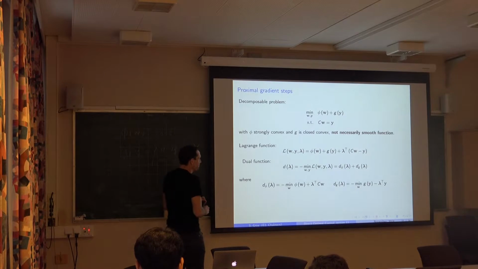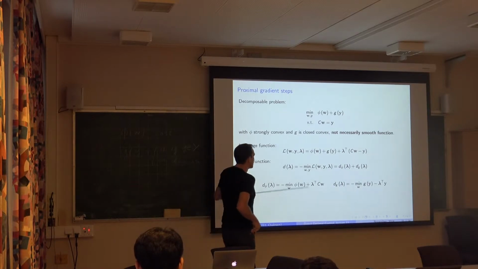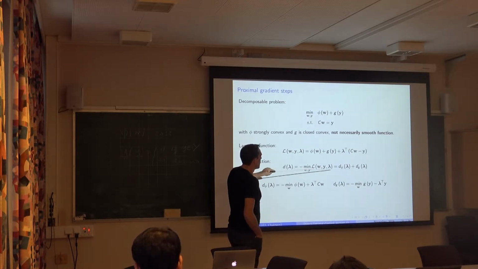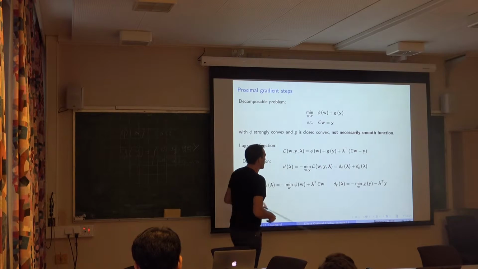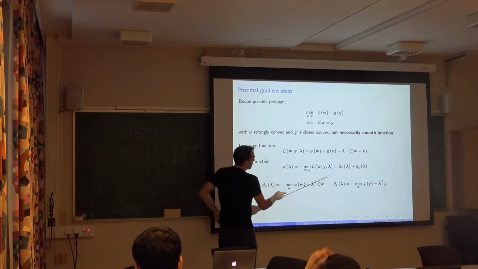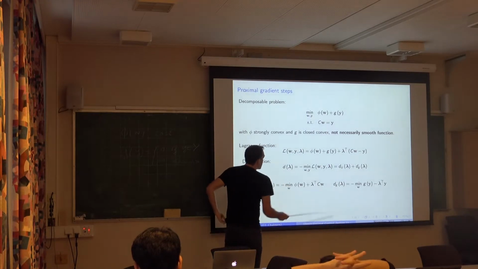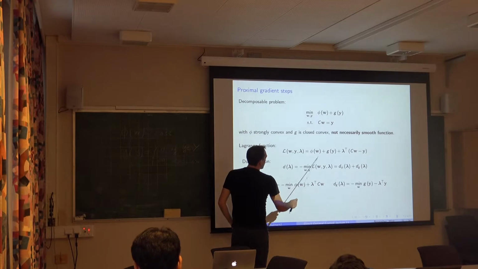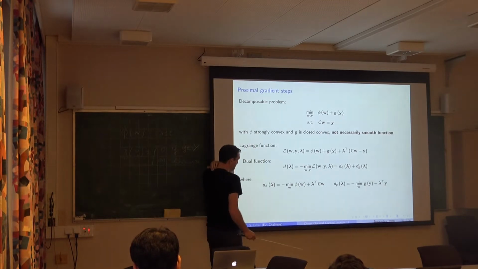Dual function. It's basically minus the min of your Lagrange function, with no constraints. And you can write it as a sum of a dual function associated to phi and one to g, because you can decompose this thing in two parts, with one function based on w and one function based on y.